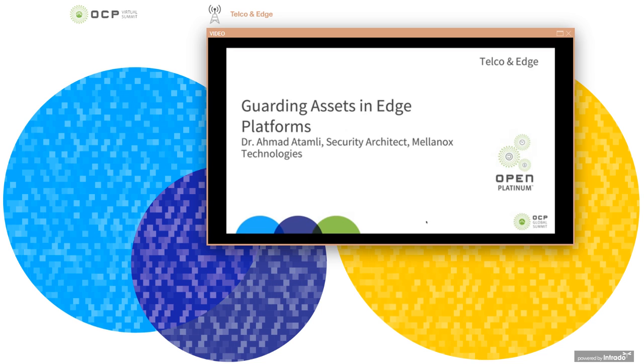Who is the threat? The threat could be the user. If the edge is deployed at the user of the user, then I have the user of the user being another malicious actor that can attack my system. It could be a malicious administrator. Whoever has physical access to the machine can do a lot of damage and compromise many of the security measures.